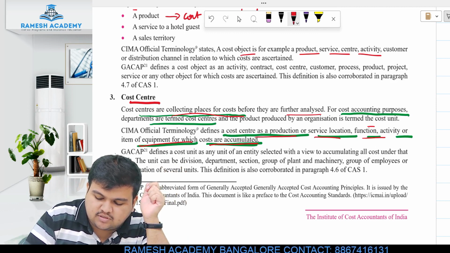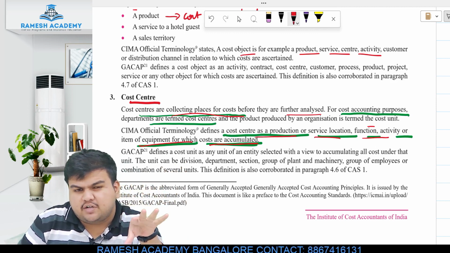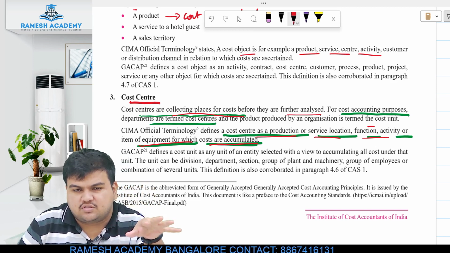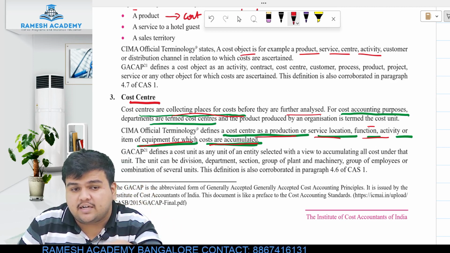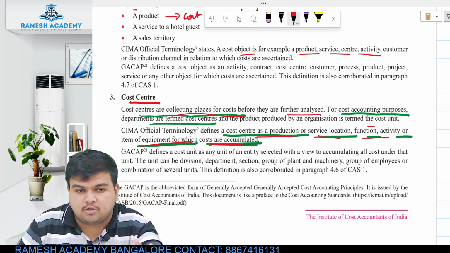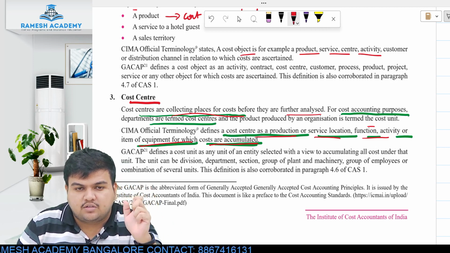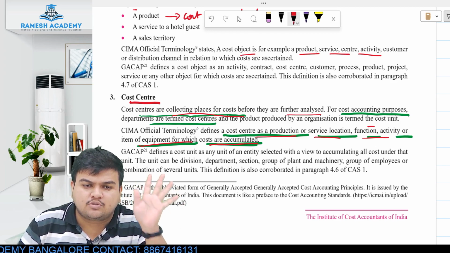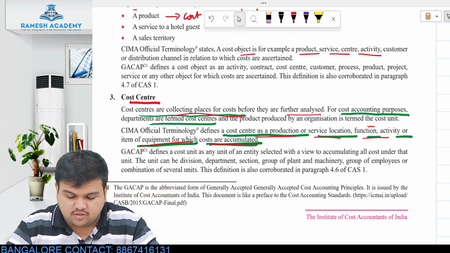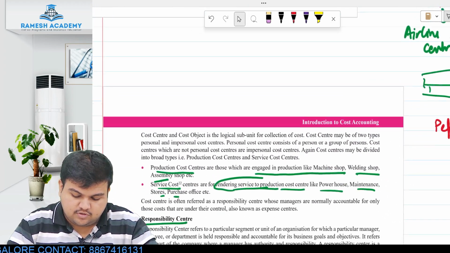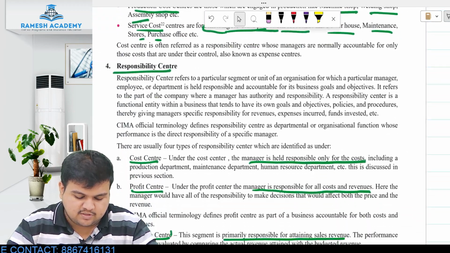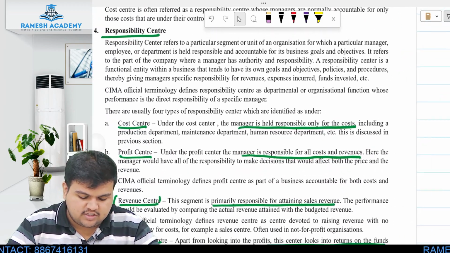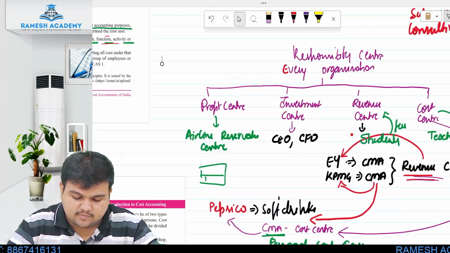In production, service or functional activity, the accounts and finance department is a cost center, while the selling or marketing department is a revenue center. They are responsible to bring revenue. Their target is, like, bring 1 crore revenue. Your target is to sell this much. So they are responsible for sales. So here we have responsibility centers: cost center, profit center, investment center.